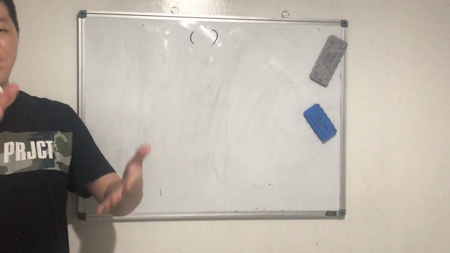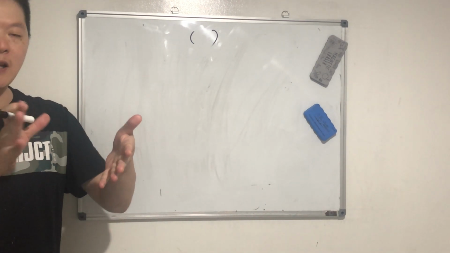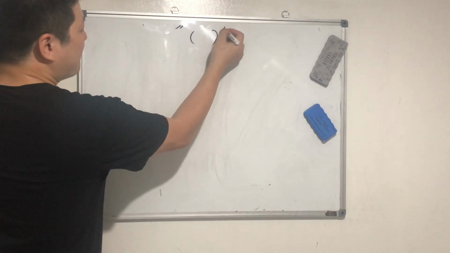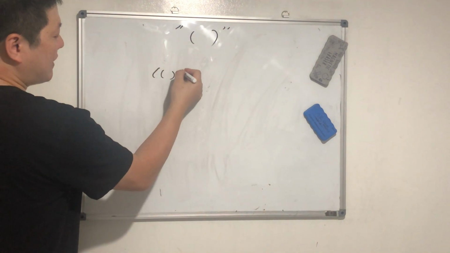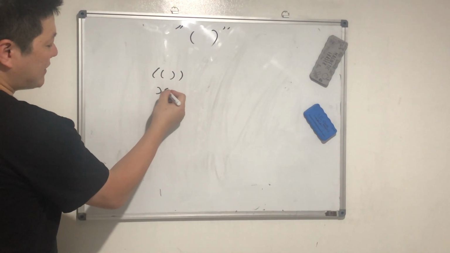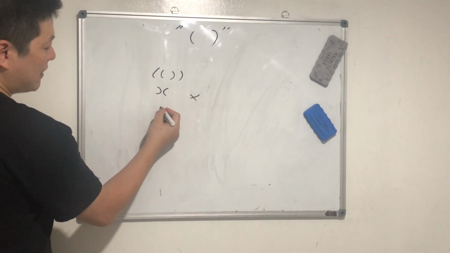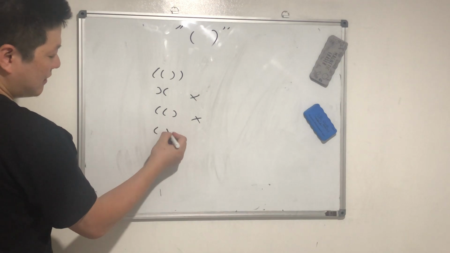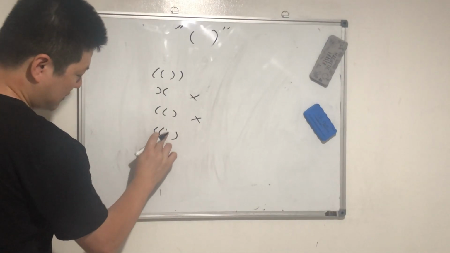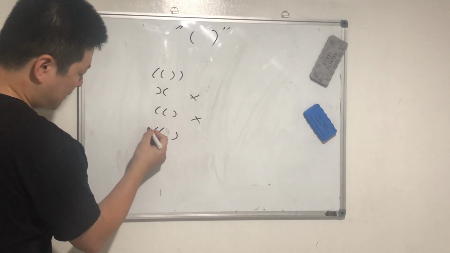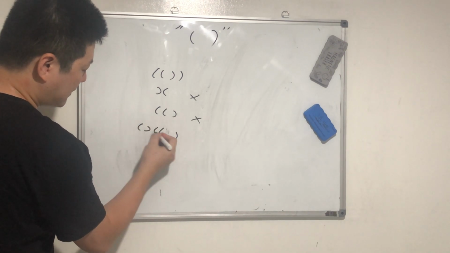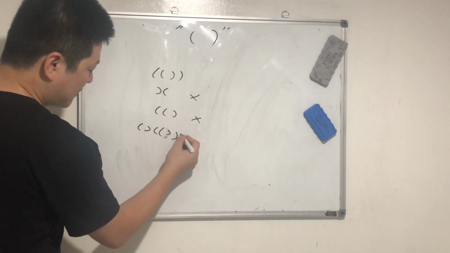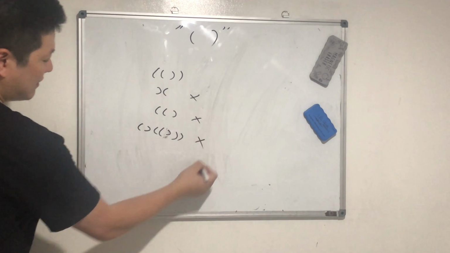What I mean by valid is it comes with pairs. This is a valid parenthesis. This is a valid parenthesis. This is not. This is not, right?